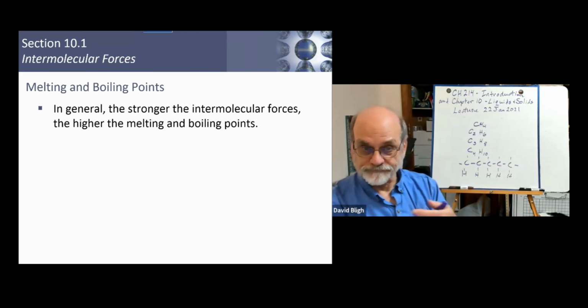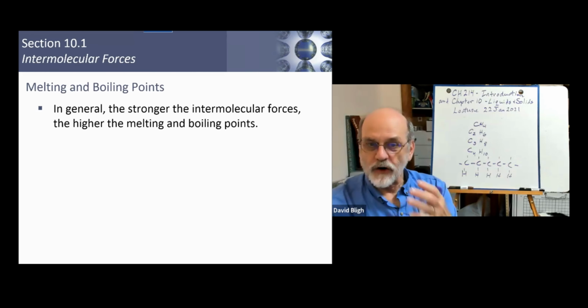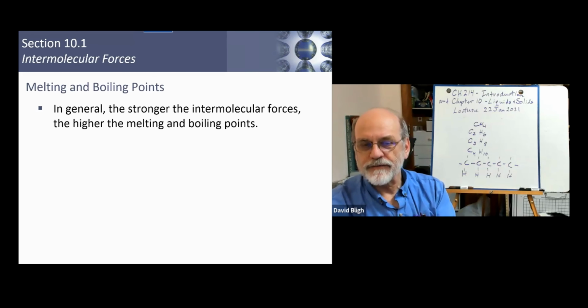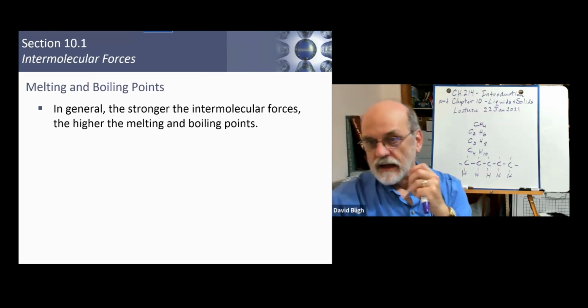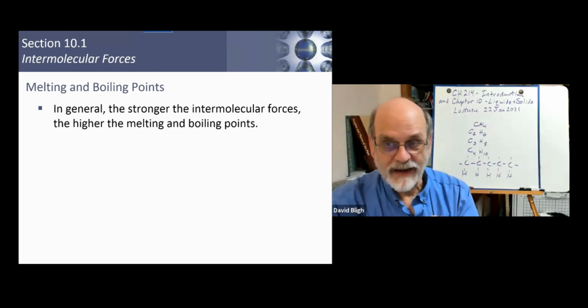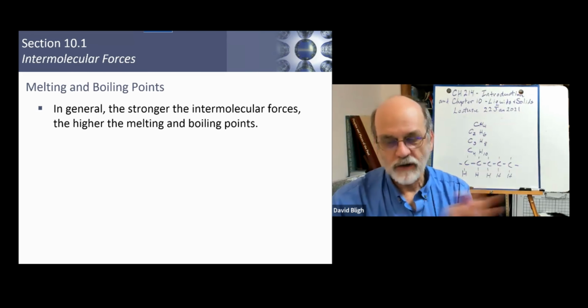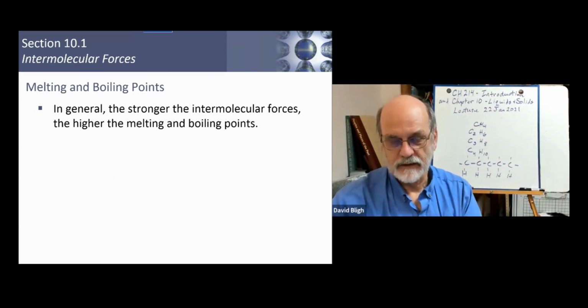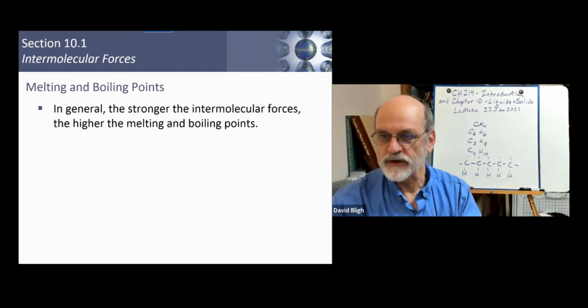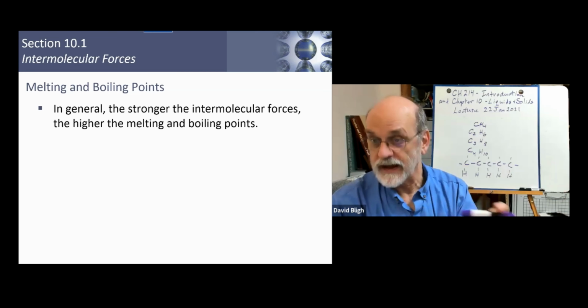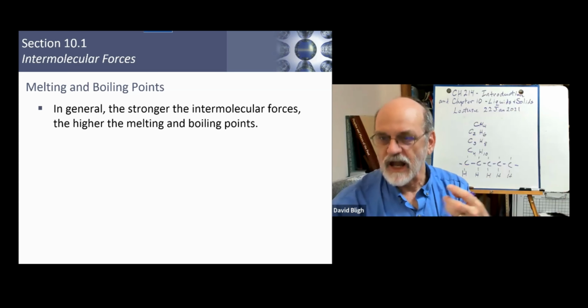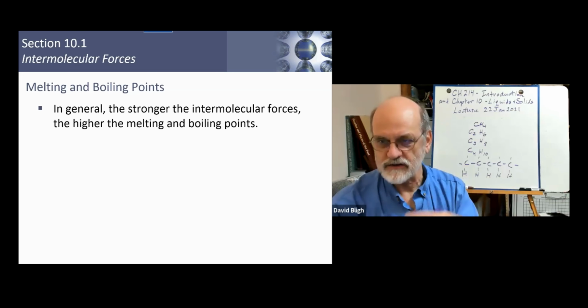Okay, in general, we can also infer strong intermolecular forces if the boiling point and melting point of the substance is high. Now, that's for covalently bound molecules, right? We're not talking about ionic here, right? We know that melting points for ionic solids are very high because they have lots of positive negative interactions.